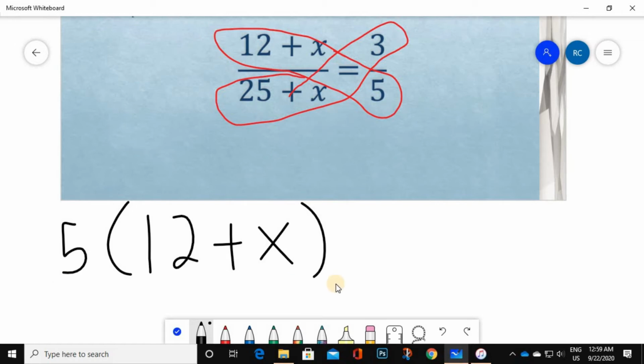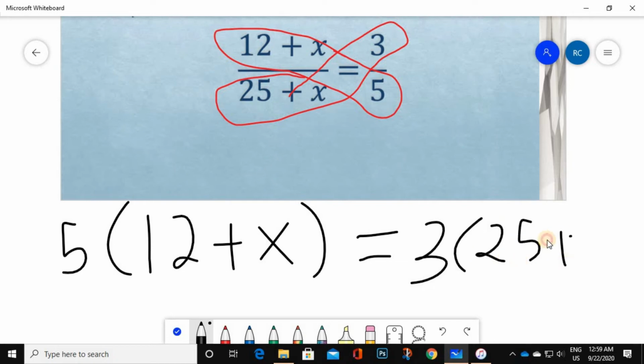Next, on the right side, equals 3 multiplied by 25 plus x. Okay. So, in this format, we are probably no longer in fractional form. So, it becomes horizontal form.